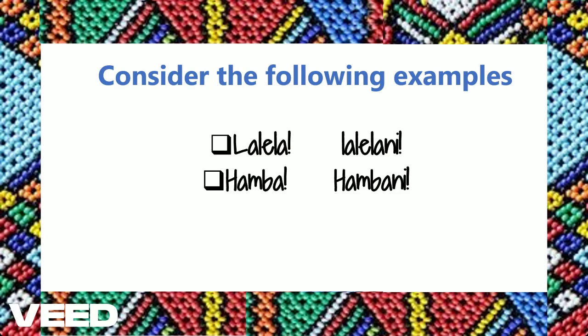Hamba, go. Hambani, you all go. So in English, it doesn't have any suffixes to indicate whether you're talking to a group of people or one person. But in isiZulu, the ni determines how many people you're saying the command to. If it doesn't have a suffix, you're only saying it to one person. Ula, ulani, sing, you all sing.